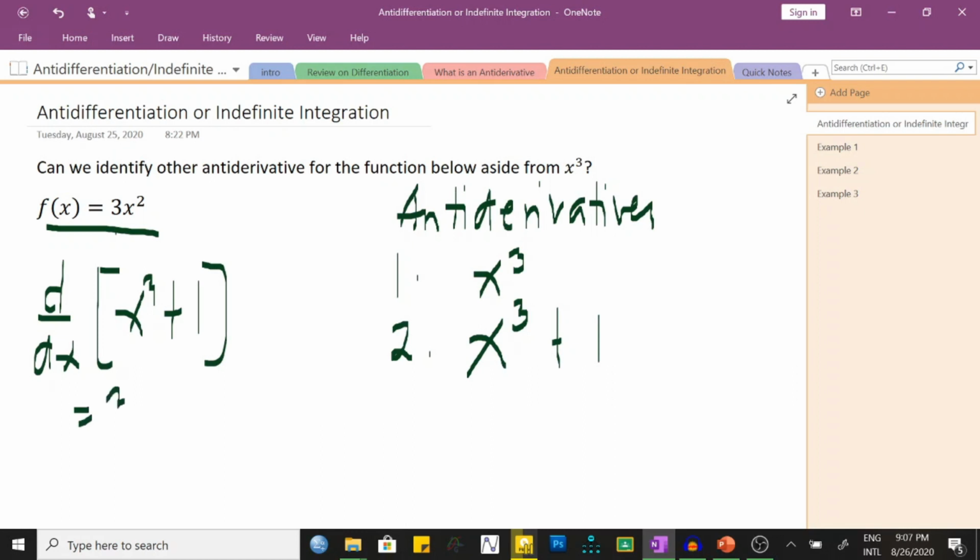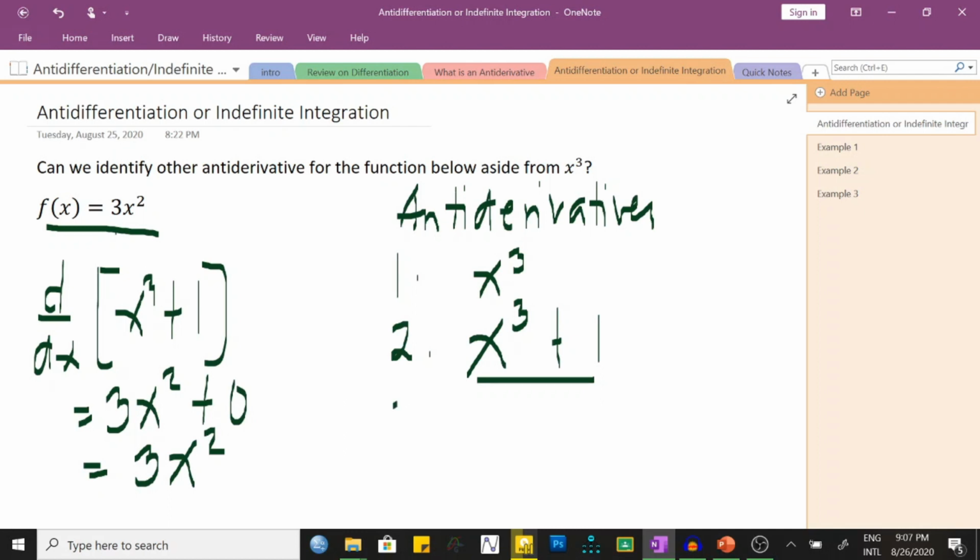Derivative of x cubed is still 3x squared, and the derivative of 1 is a constant, and according to our rules previously presented, the derivative of any constant is 0. So this gives us a derivative of 3x squared still. This is the reason why x cubed plus 1 is still considered an antiderivative for 3x squared, because when we differentiate it, it still gives us 3x squared.